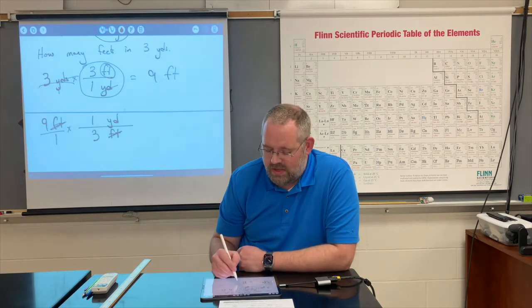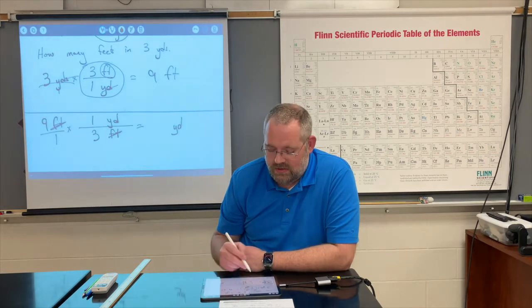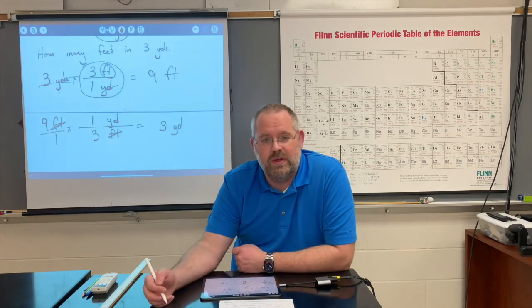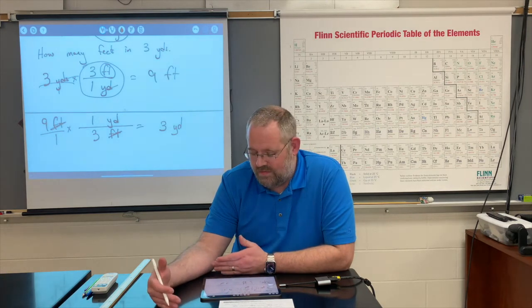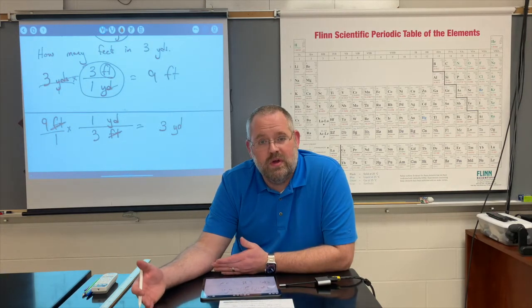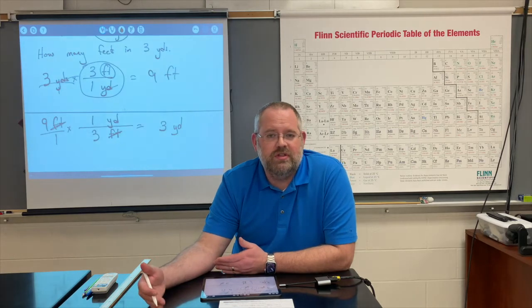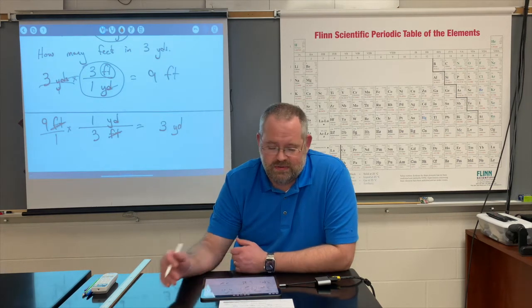My feet would cancel out and I'm left with yards as a unit. So 9 divided by 3 is going to give me 3 yards. So all we're doing is manipulating these units, but I didn't change my value. 3 feet is the same as 1 yard, or 9 feet is the same as 3 yards. I'm not actually changing the value of the number itself. I'm just changing the unit. And that's what dimensional analysis is. That's what unit factoring is.